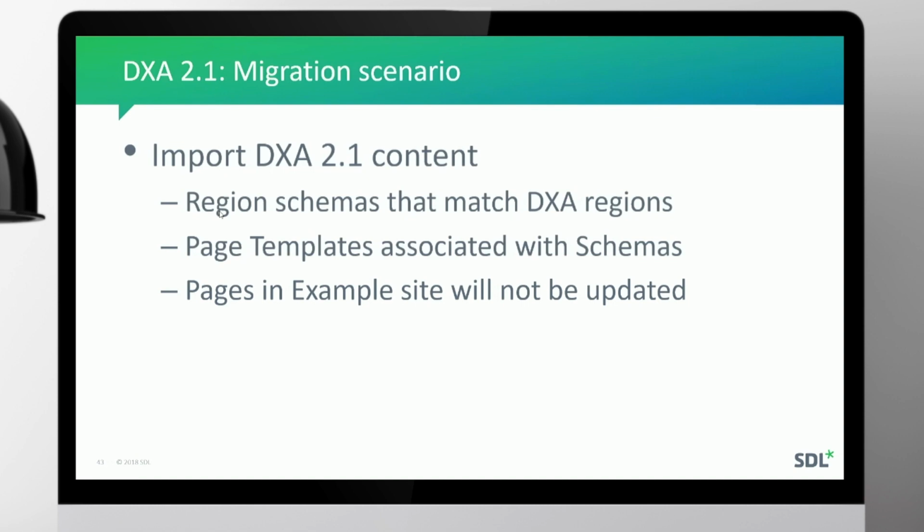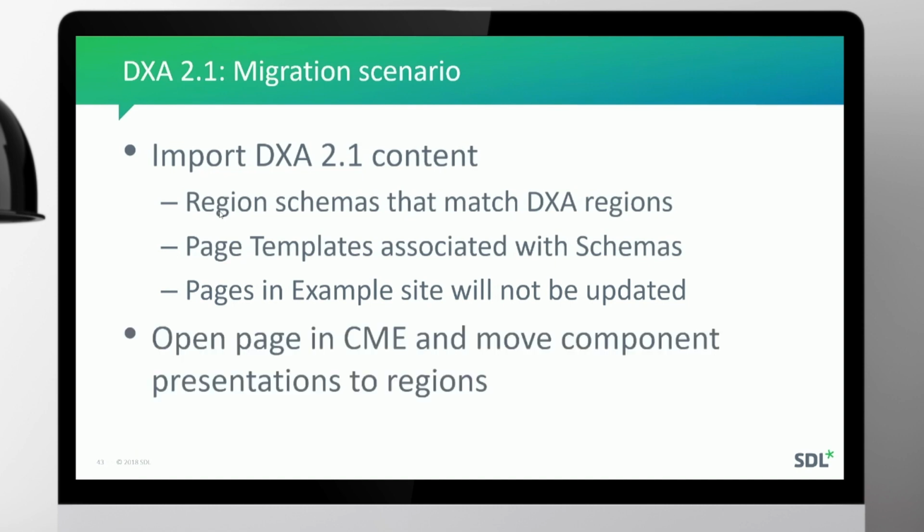So what may be done to start leveraging regions in the pages? Page editors will need to open the pages in CME and move component presentations to respective regions. Or if you know the structure of the page, a simple automated tool can be written that uses the CoreService API to update all pages and move components into respective regions.